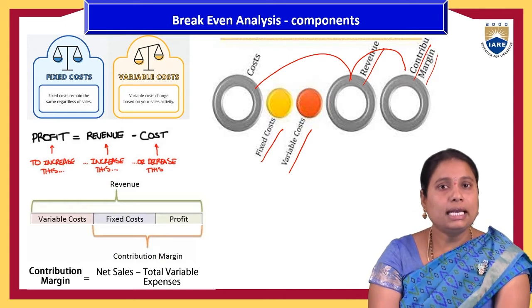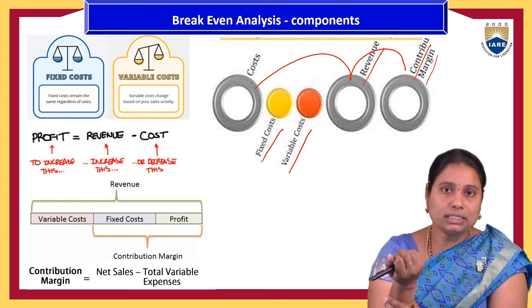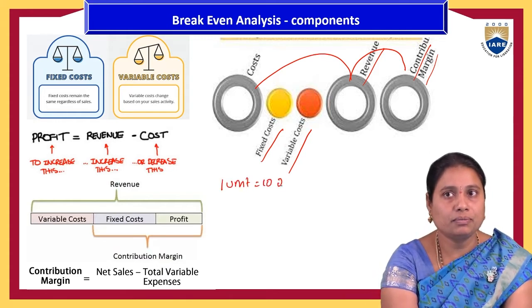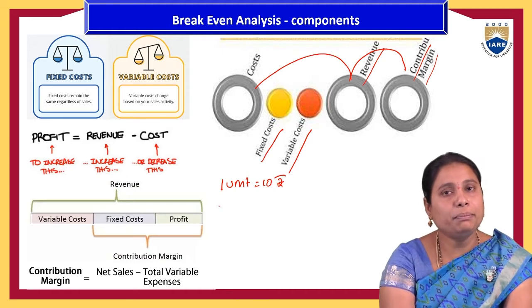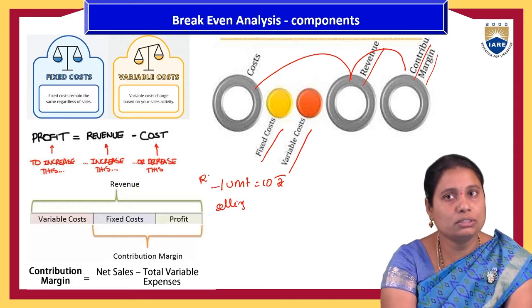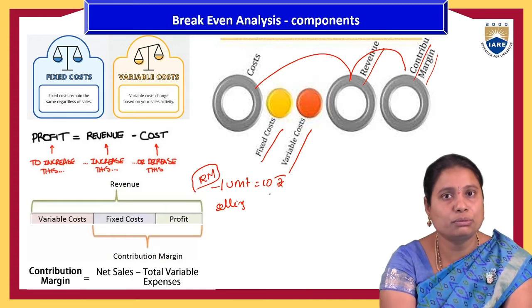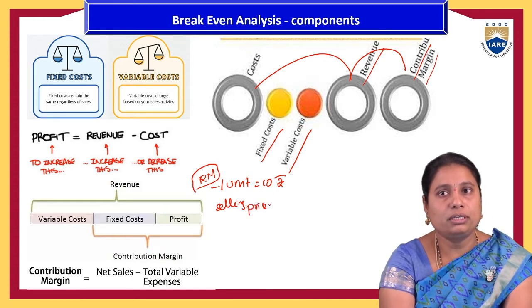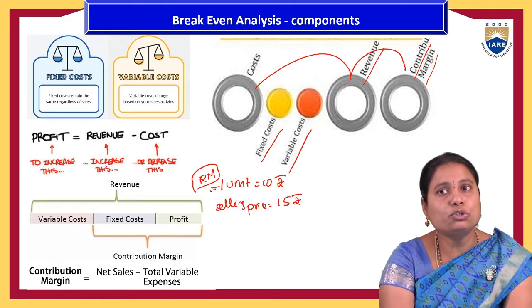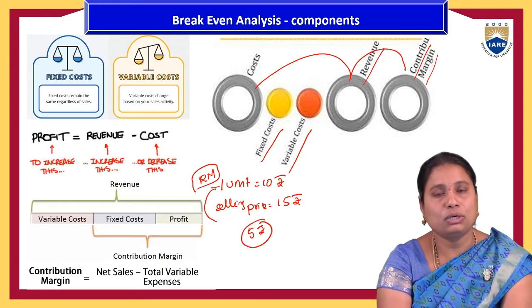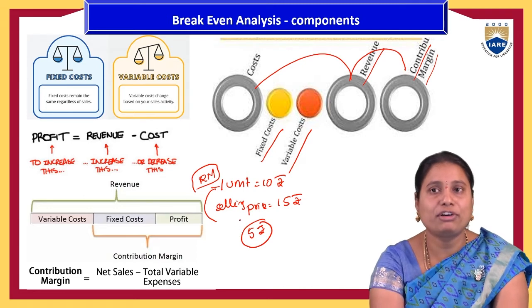Let us say one unit's variable cost, that is the raw material or production cost, is 10 rupees and the selling price for that product is 15 rupees. So each unit's contribution is 5 rupees for the organization.